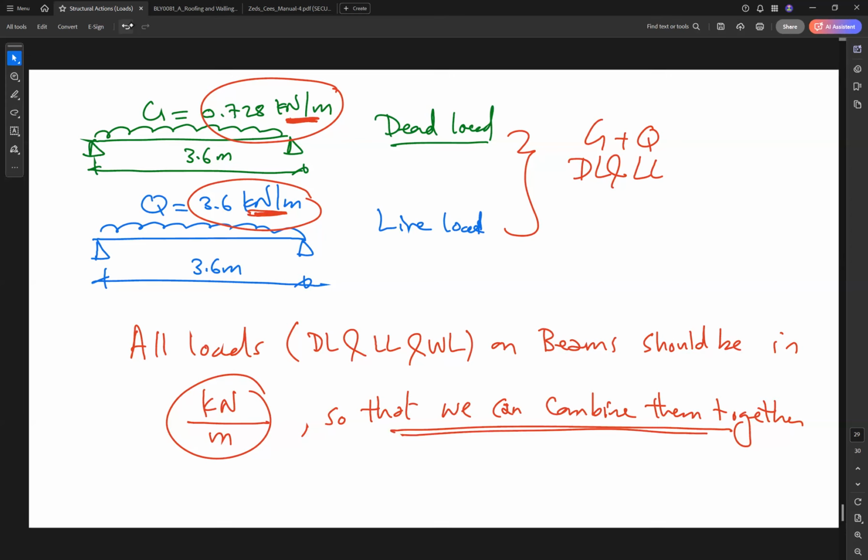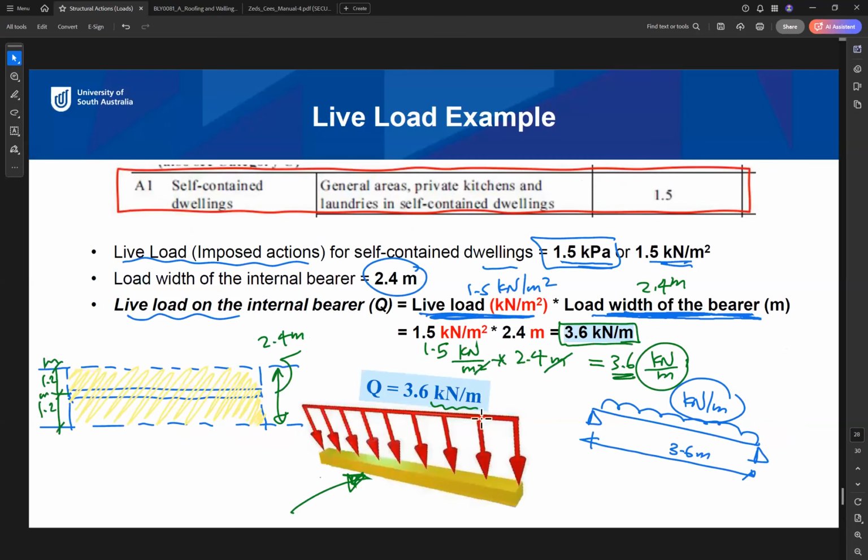Okay, so now we have found the G dead load in the class, and we have found live load in today's lecture, and the live load is also distributed over the line or over the beam. So this is what we are looking at. So do you have any question about this one?